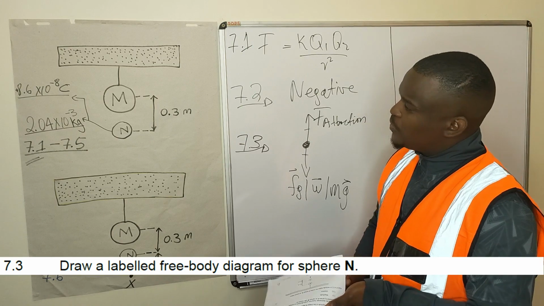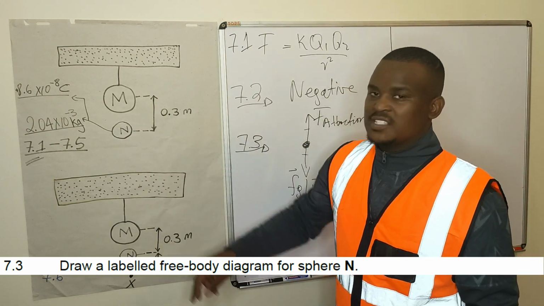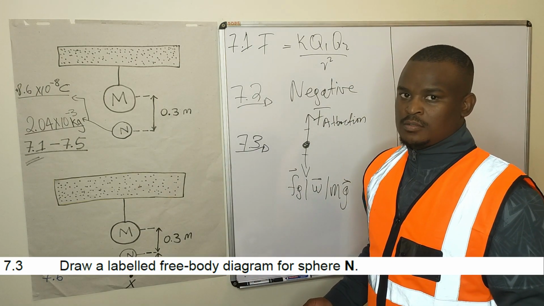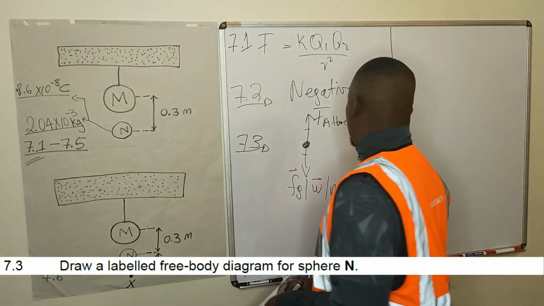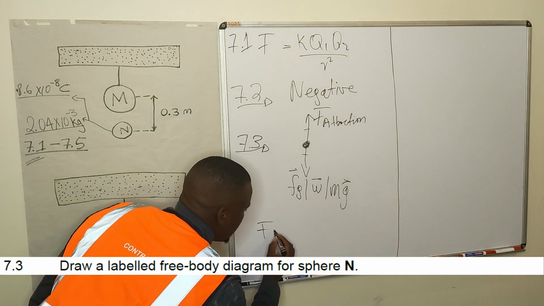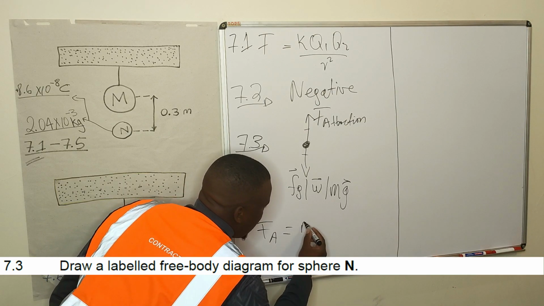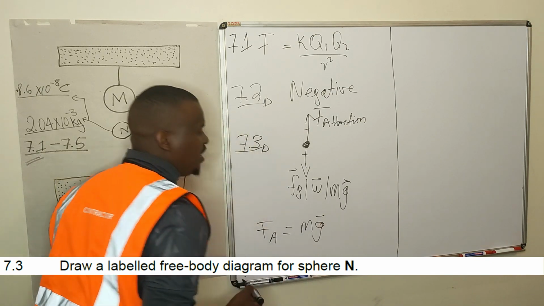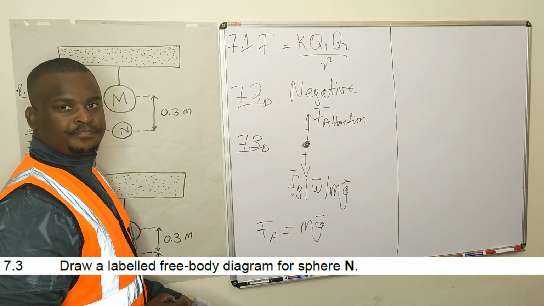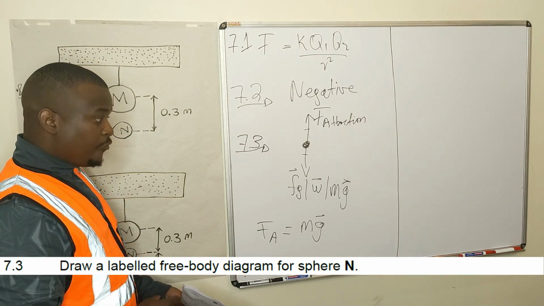Because it is stationary, which means it has not moved, these two forces are balanced out. It's at equilibrium, which means your force of attraction is equal to your mg, which is your weight, the force of gravity.